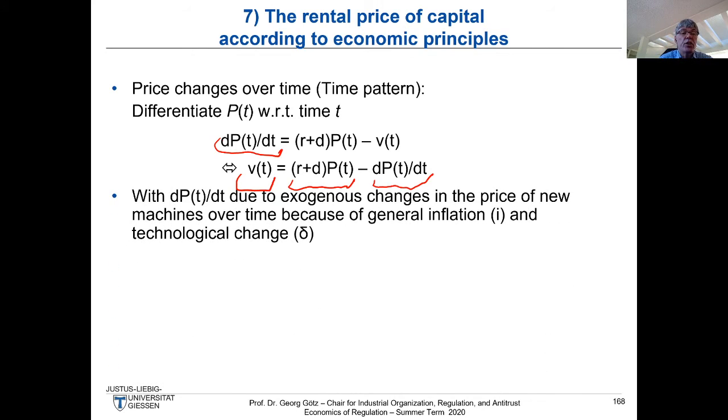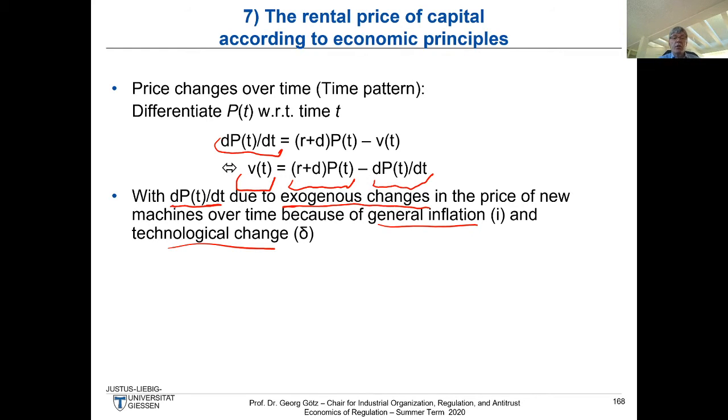And so what you have here is that the price of this new machine changes over time. The first effect is this exogenous change due to technological progress, and the other is general inflation. Okay, general inflation should be rather clear.